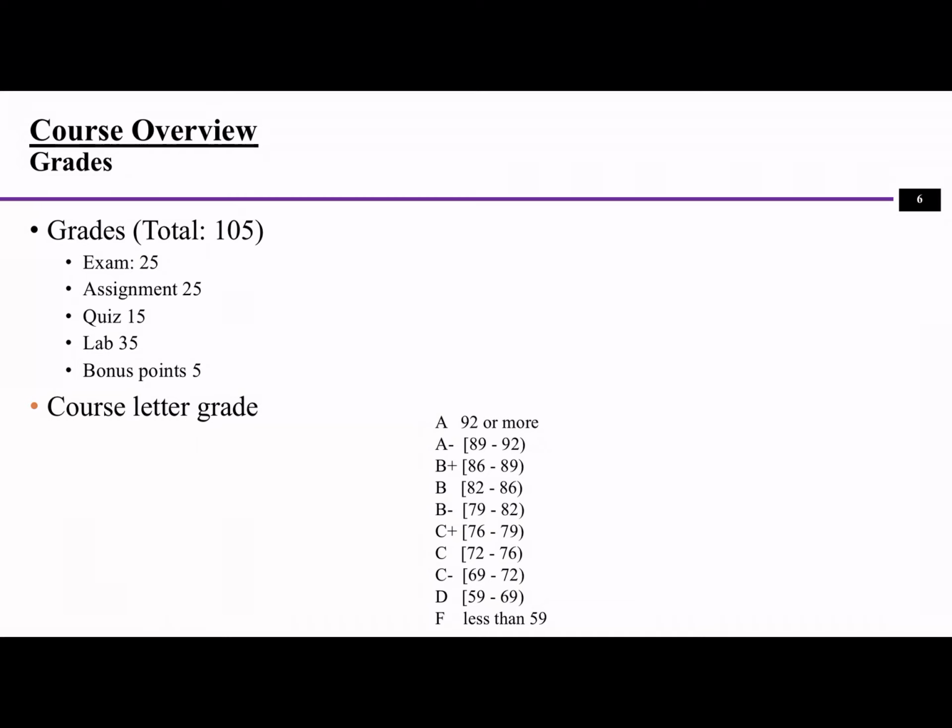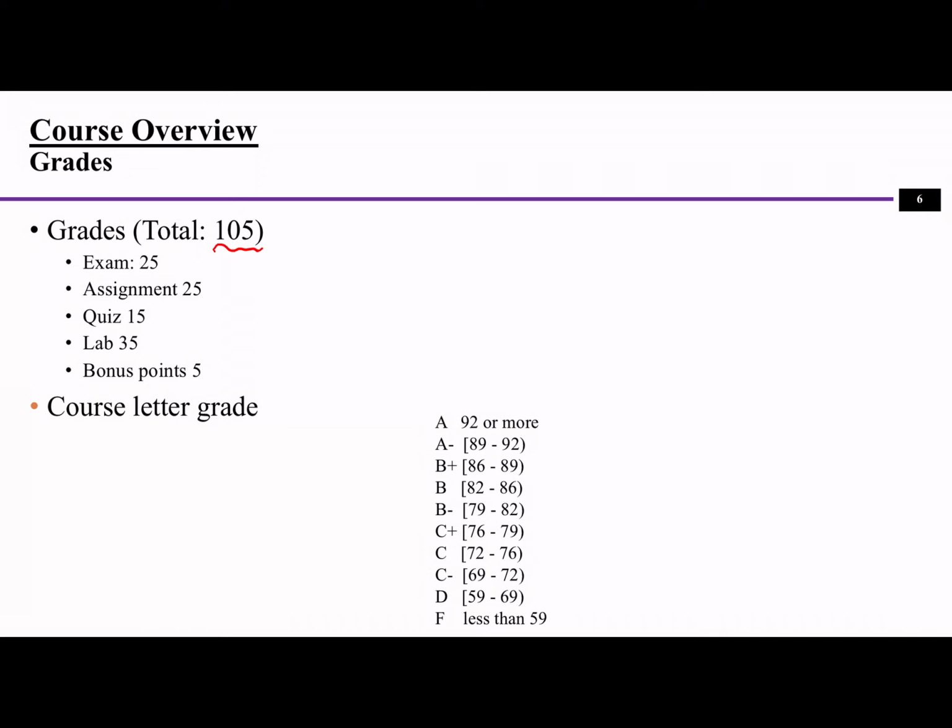I only use the absolute points you gained at the end of the semester. The bonus points are the 5 points added on top of the points you gain from all the other assignments, at home and exams.